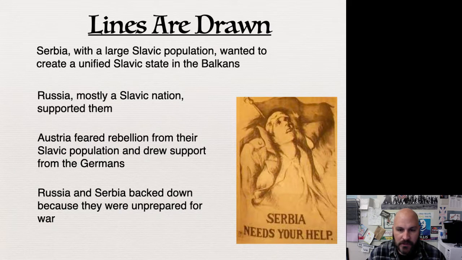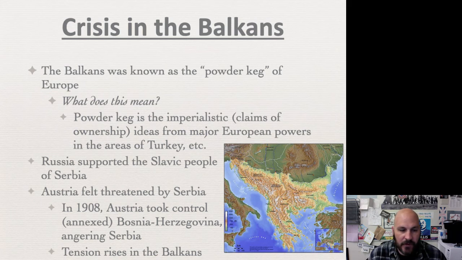And because the Russians are unprepared for the war at the time, they're going to back down from fighting against the Austro-Hungarian Empire. So our next slide is going to deal with the crisis and what causes war to break out in this region of the world, ultimately leading to our first great world war, or the war to end all wars, as it's called.